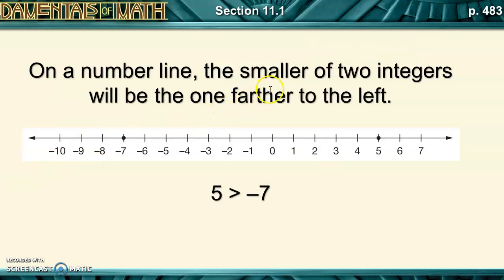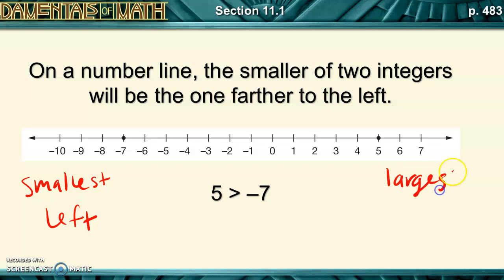On a number line, the smaller of the two integers will be the one that's farthest to the left. So whenever we have a number line, the smallest numbers will always be on the left, and the largest numbers will always be on the right.